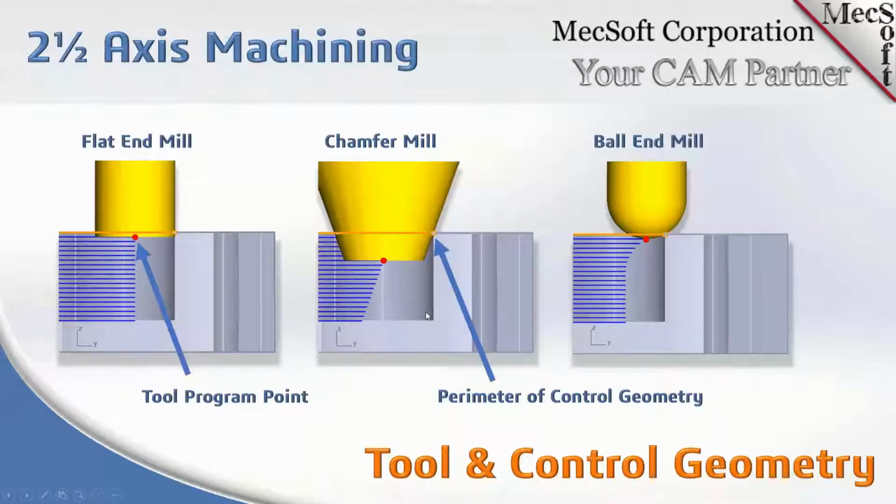Now the middle image, you can use tapered tools in 2.5 axis. If you have a chamfer on an edge that you want to cut, you can use a tapered tool. What's going to happen here is that the taper of the tool is actually the flute length, okay? And the taper is going to come over and stop at the perimeter of your control geometry.